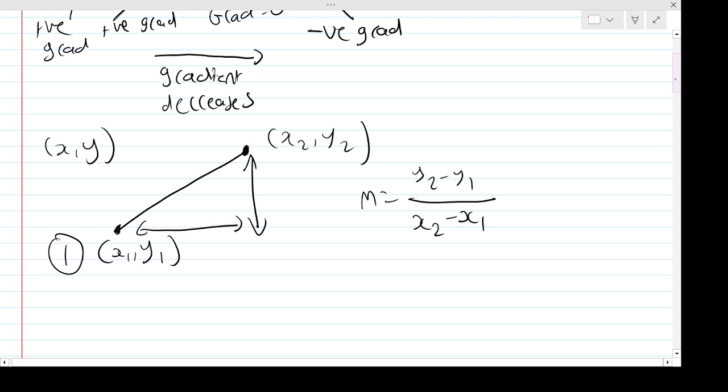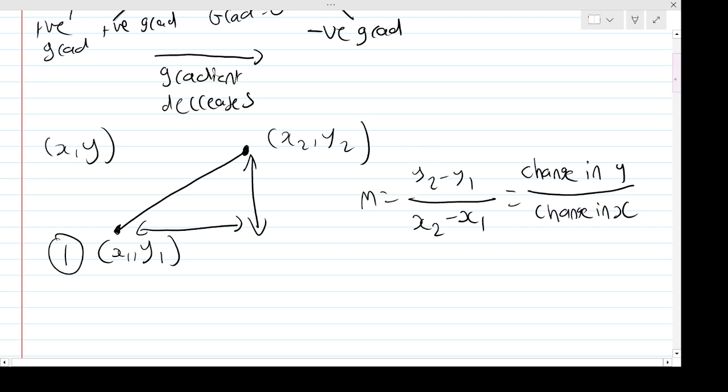Okay, so the gradient is the difference in the y values over the difference in the x values, or what you might very commonly know as change in y over change in x. Okay. Now the key thing to mention here is that you have to keep the order of the coordinates the same.